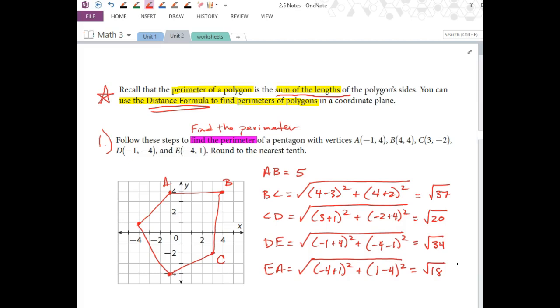Add them all together. Because I don't want you to leave your answer in square roots as a perimeter, because that would be slightly ridiculous. At this point I would let you use a calculator and come up with a decimal value. You guys have a calculator close by, right?